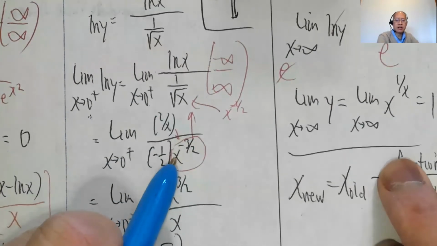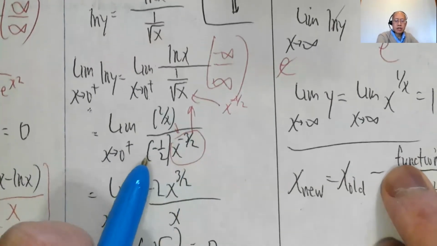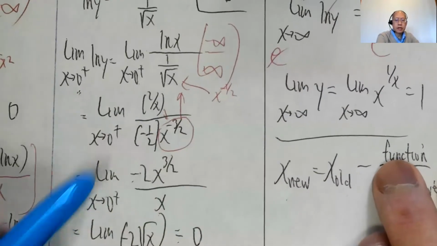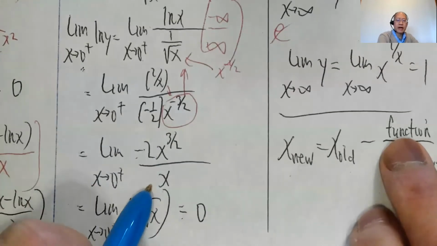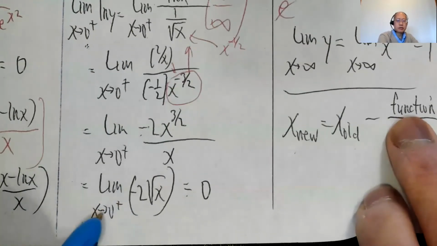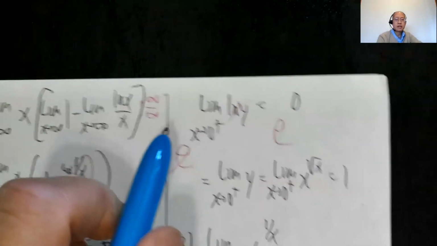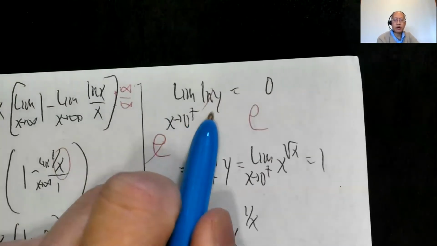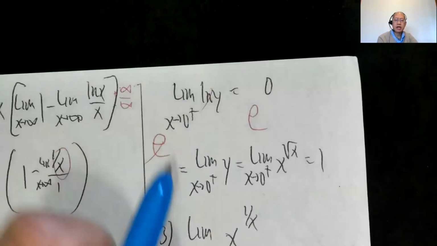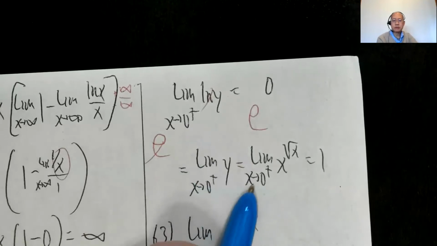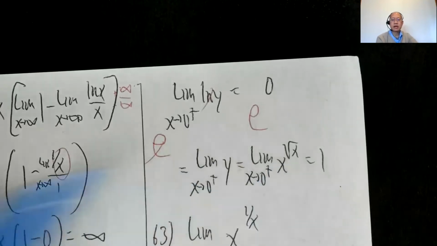That's negative half x to the negative 3 halves. Bring this up. Divided by negative half is the same as multiplying by negative 2. So that gives me x to the 3 halves over x. That's limit x approaches 0 from the right of negative 2 radical x. That's 0. So limit as x approaches 0 from the right of ln y equals 0. Exponentiate. I have limit as x approaches 0 from the right of y, or limit as x approaches 0 from the right of x to the radical x. That's equal to 1.